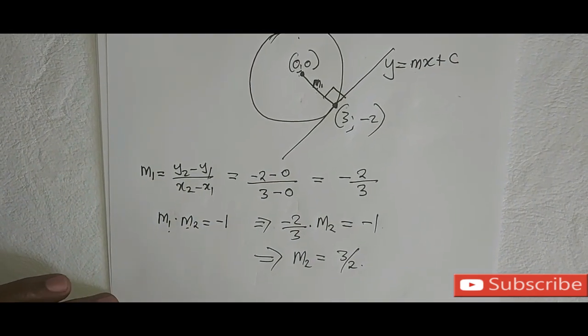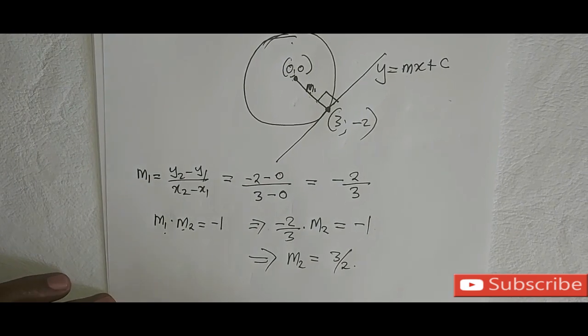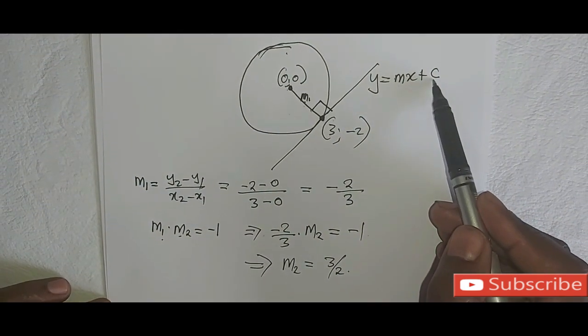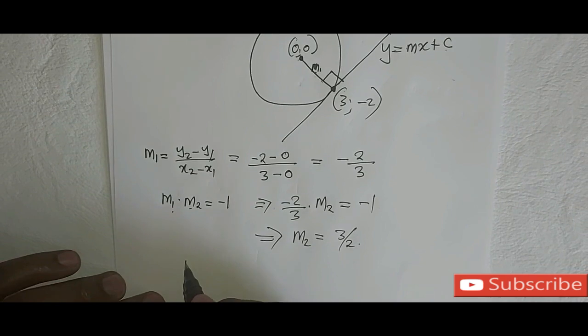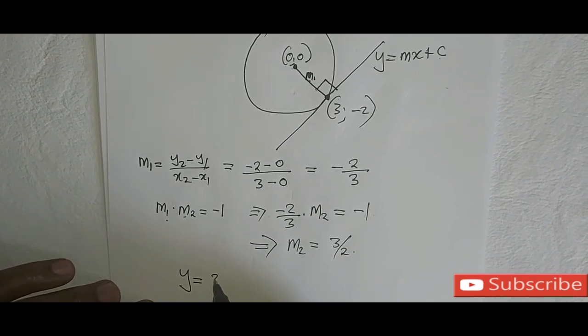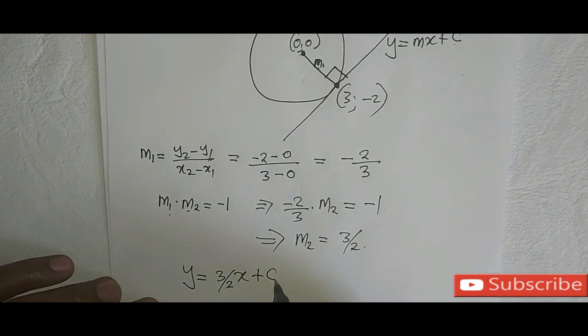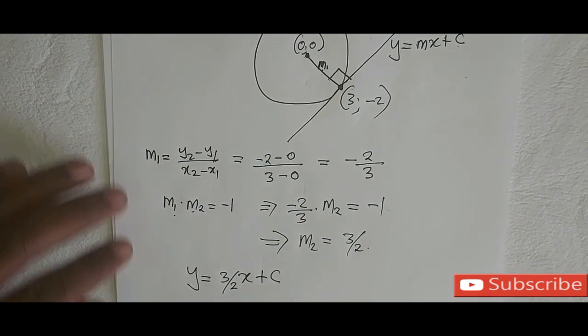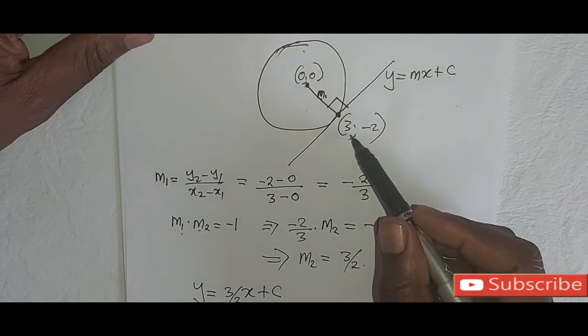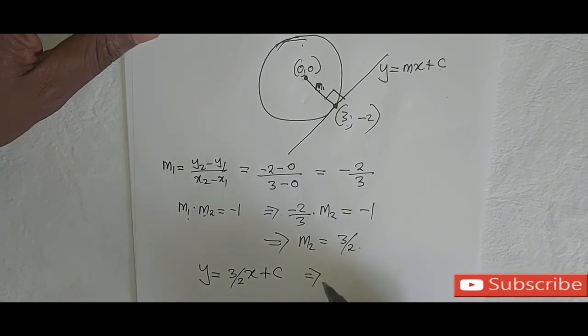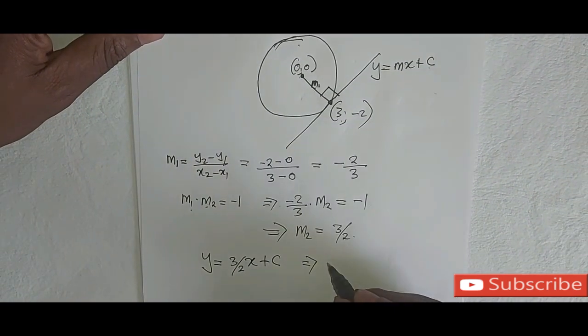Then from there, we now need to find c. So far we have y equals 3 over 2 x plus c. We find c by substituting the point, where y is -2 and x is 3.